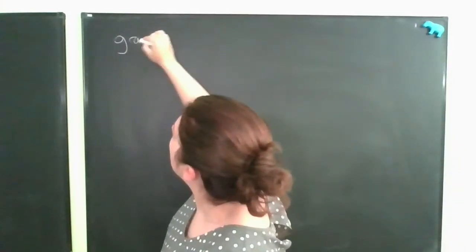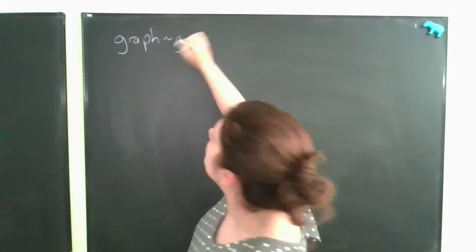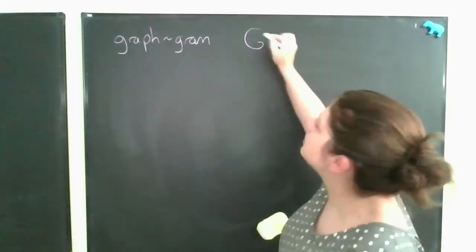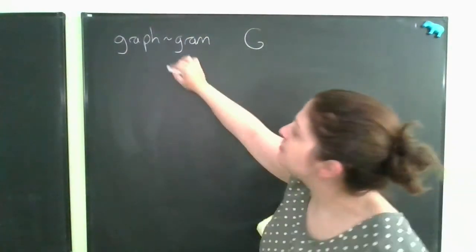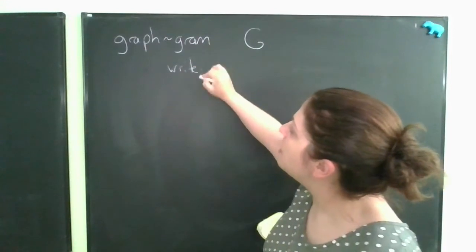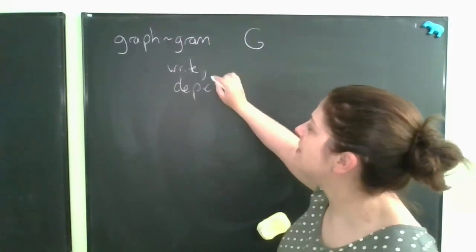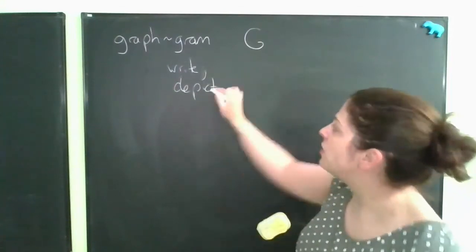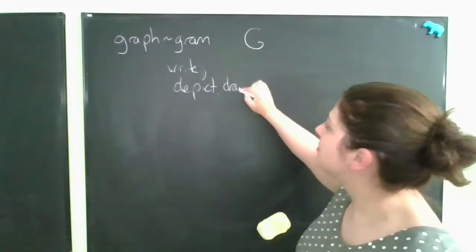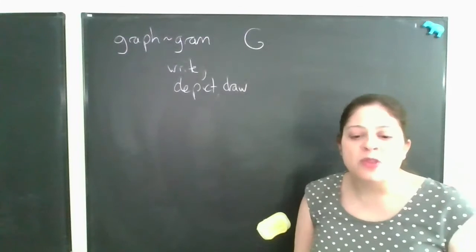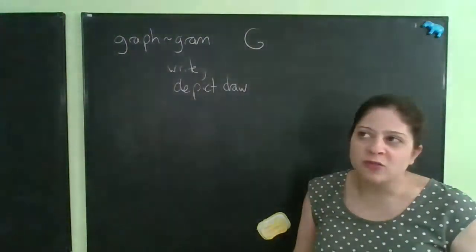All right. Next up is graph. And its alternate form is gram. This comes from Greek, and this is to write, but it can also be to depict, right, or to draw. This shows up in a lot of words.